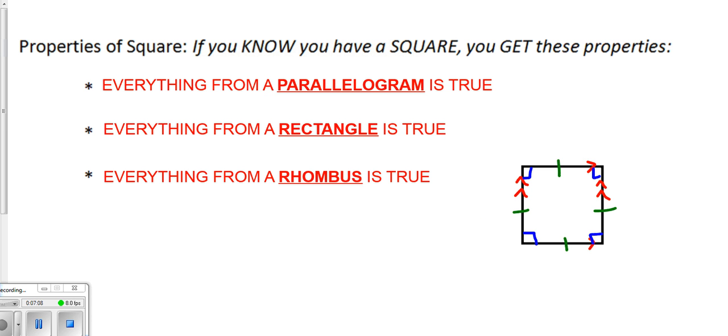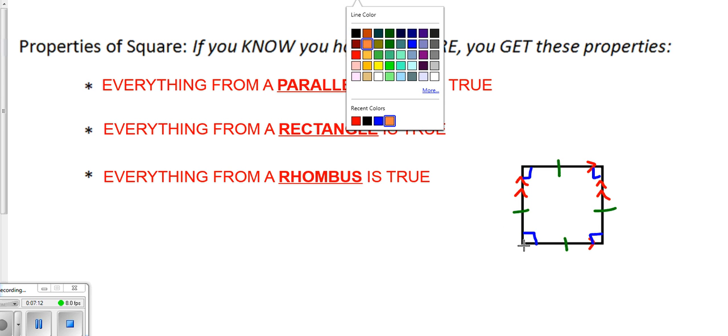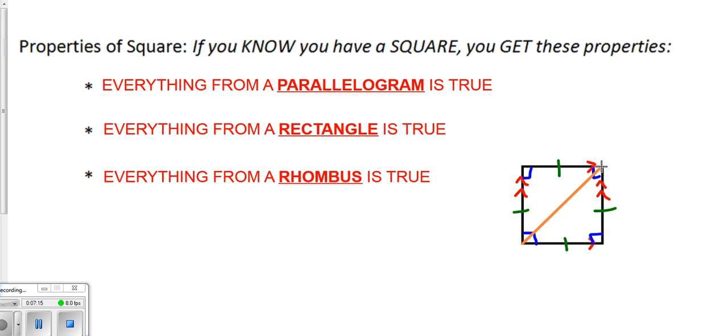Then as well, going on with the diagonals, we're going to draw in these diagonals here to here, here to here. We know that these diagonals are also going to bisect each other. So this is the same as this.